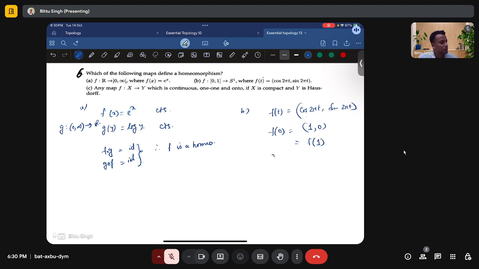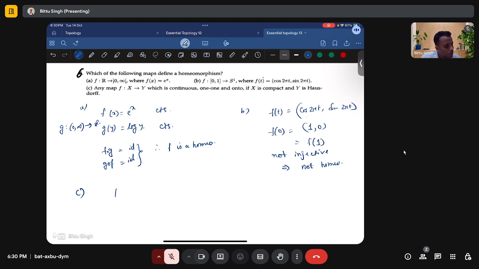So this is not even injective, which implies it is not a homeomorphism. Homeomorphism means it should be bijective and the inverse is also continuous, but it is not injective, therefore not a homeomorphism.